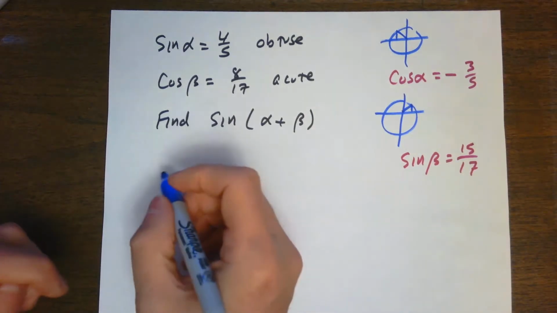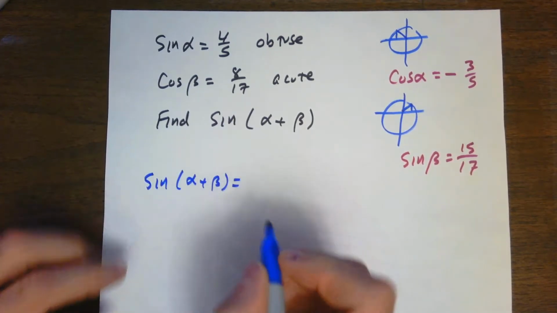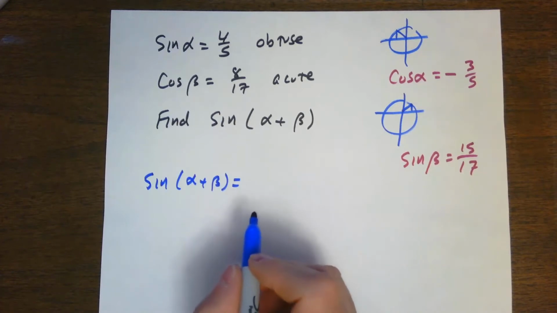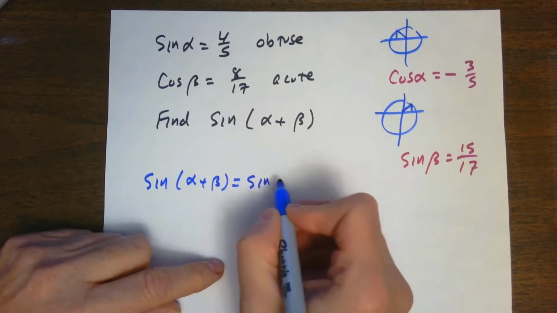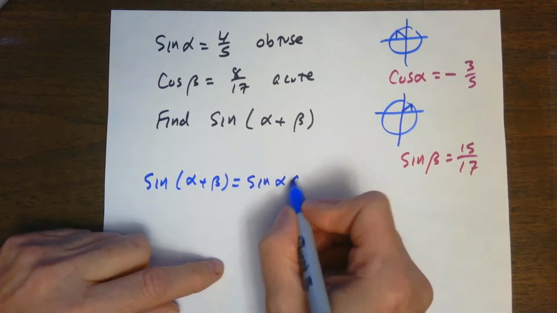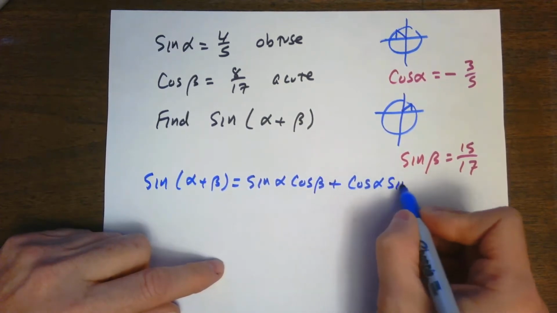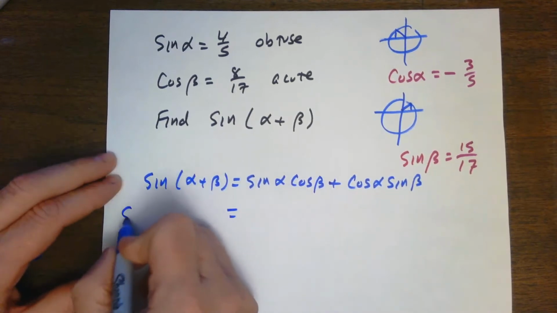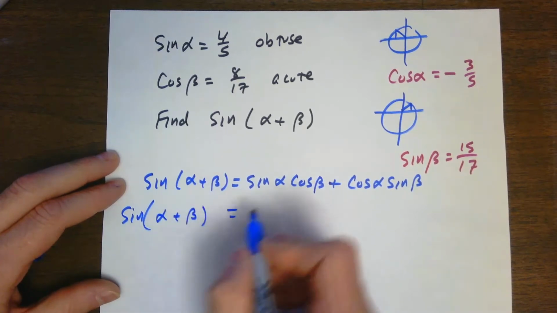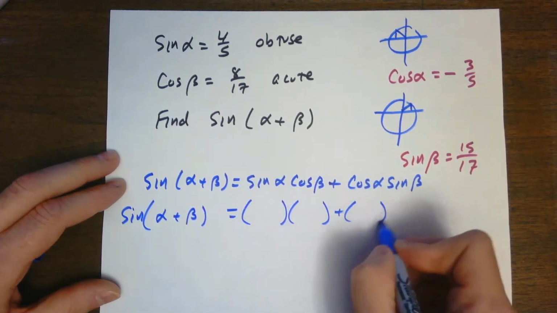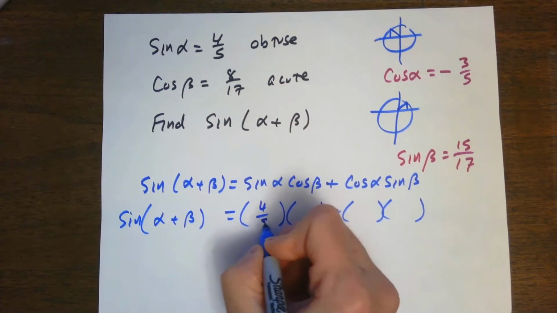All right, so now the sine of alpha plus beta is going to be, if I write this down as my two angles, sine alpha cosine beta plus cosine alpha sine beta. So the sine of alpha plus beta is going to be, I'm going to substitute all my numbers in here. The sine of alpha was given as 4/5.